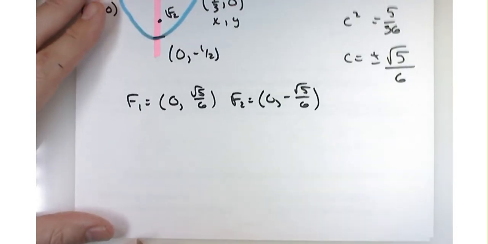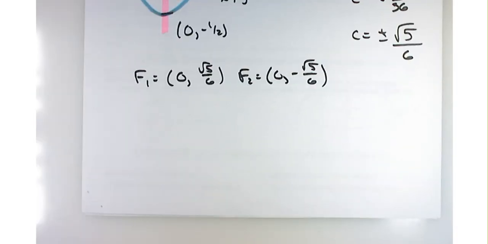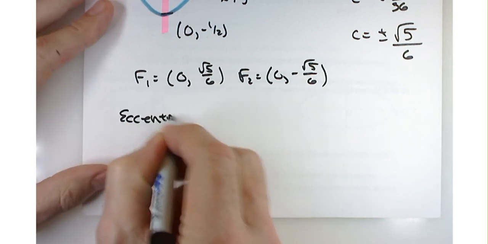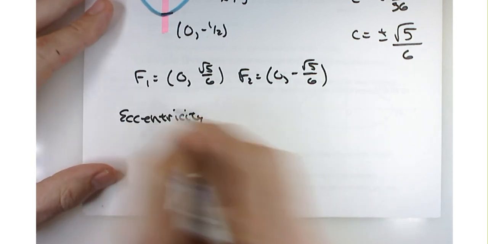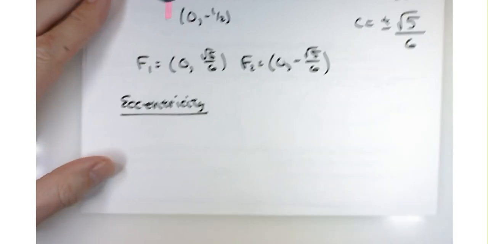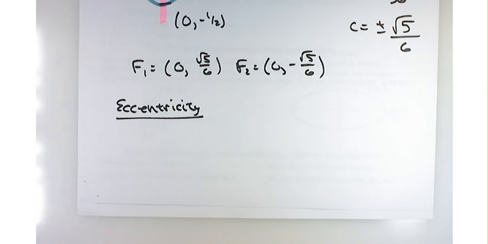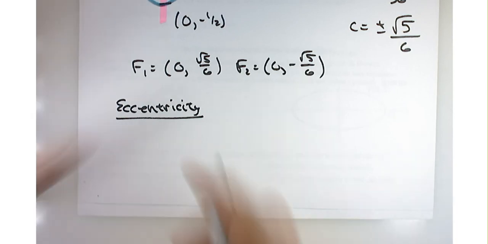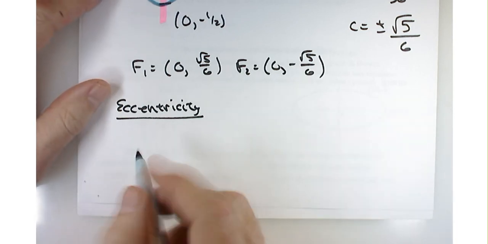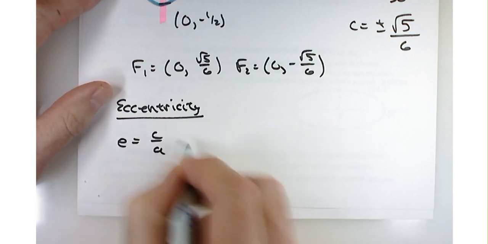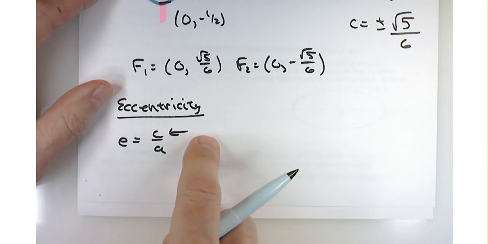I did want to come back to the eccentricity here. The eccentricity. To me, it has kind of the same root as eccentric, like an eccentric millionaire, somebody who's kind of crazy. How strange are you? Your eccentricity is going to be C over A, where C is the distance to the focus from the center.